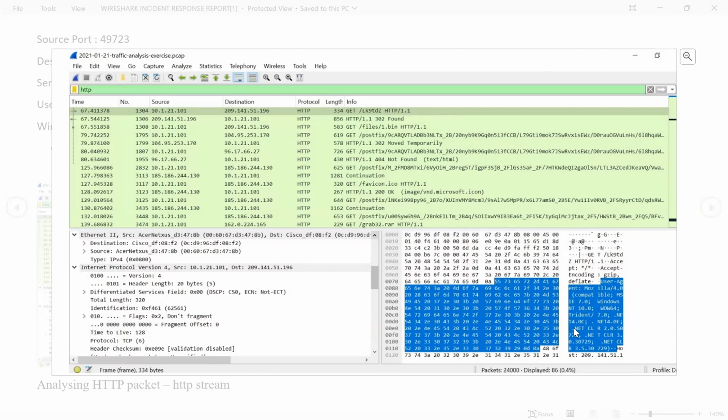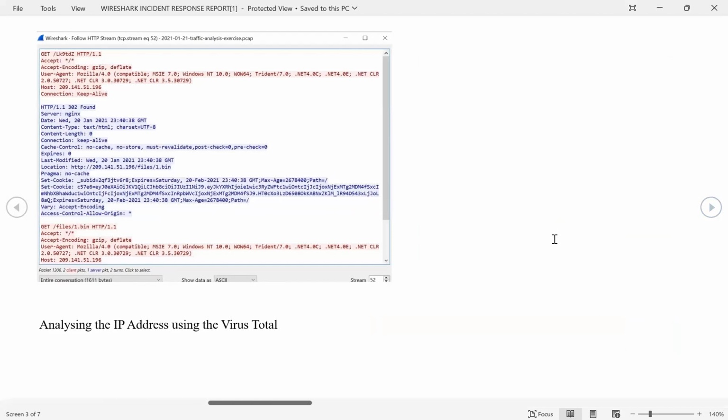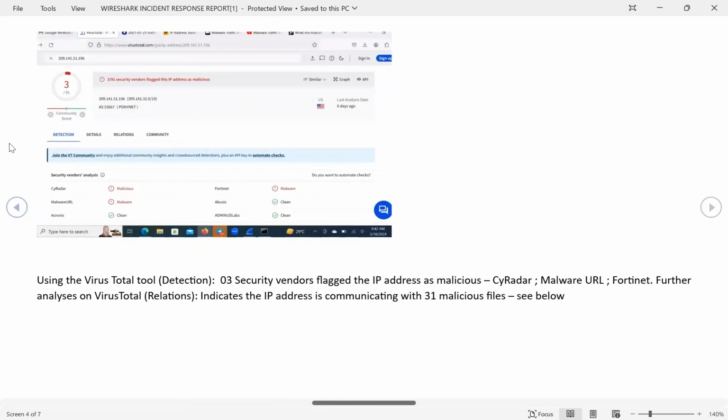Next slide, please. That very IP address, I checked it on VirusTotal. And then those 3, next slide. The one that has the VirusTotal analysis. Next.